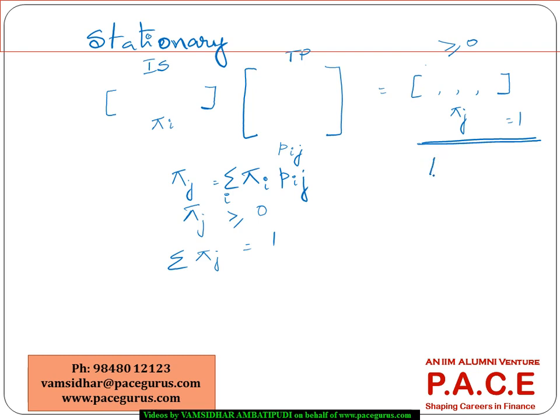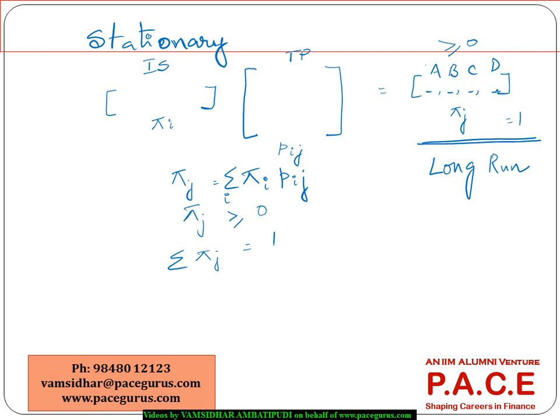And this is the long run stage of this particular process. In the long run, the probabilities of being in states A, B, C, D are going to be these kind of probabilities. That is what we mean by a particular Markov chain being stationary.